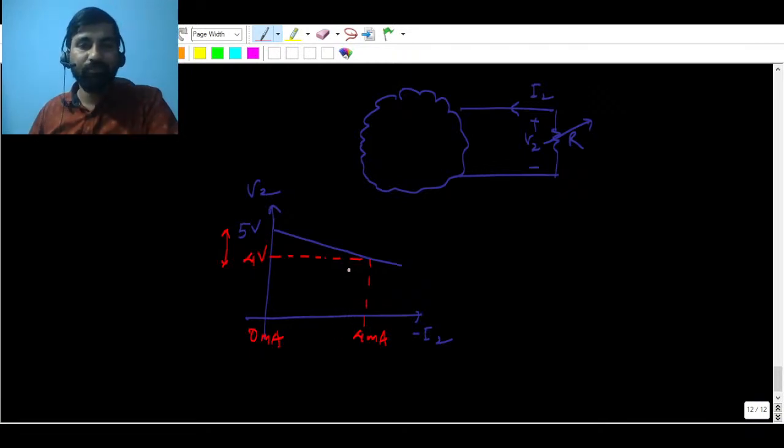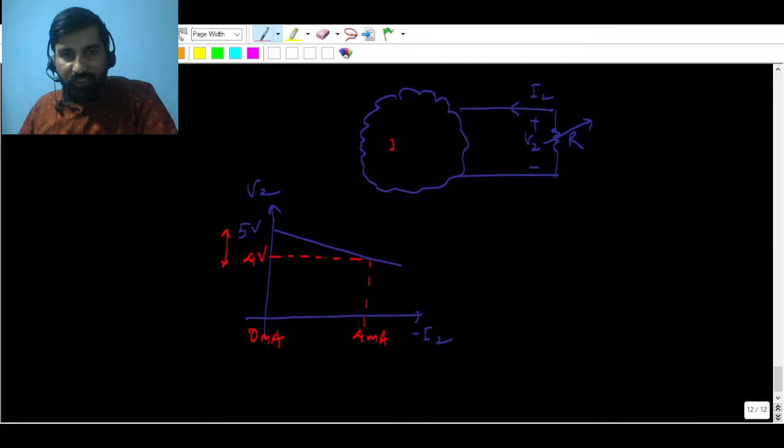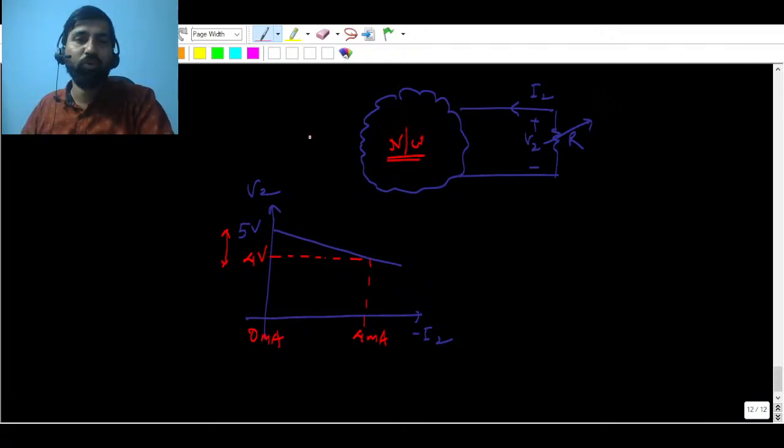Now this is the network they have given, and obviously port 1 is there, but you don't have to worry about port 1 now, because this plot is given for this variable resistance R, and this is the terminal A and B.